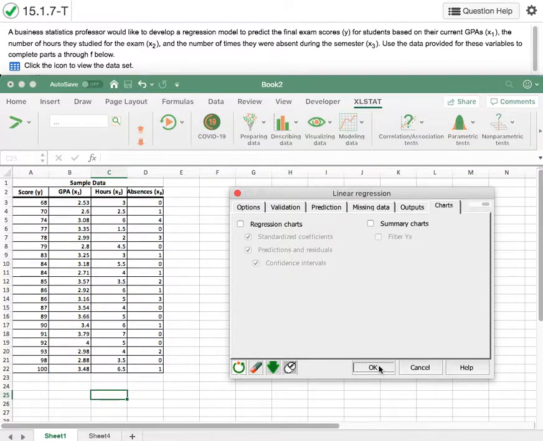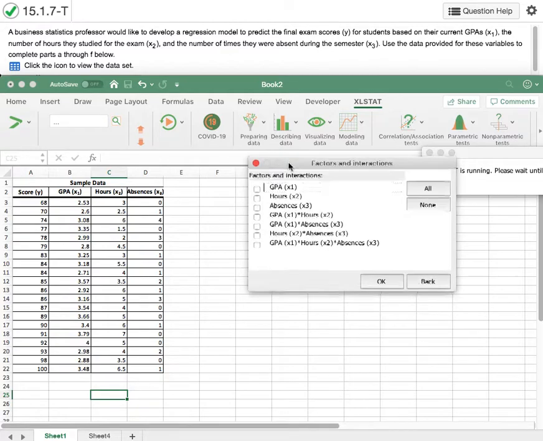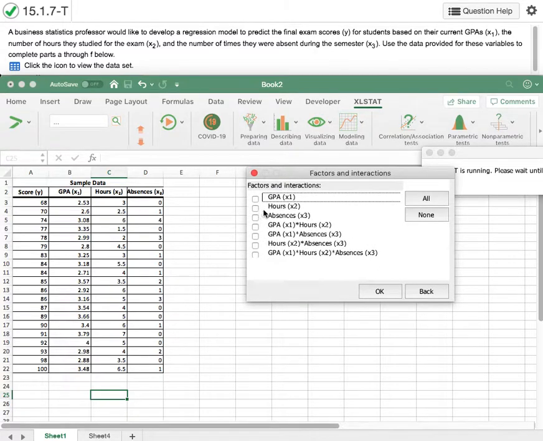So if we run this regression, first we need to just verify which levels we're using. So we have GPA, hours, and absences. I'm not doing any factor analysis on this, so click OK.